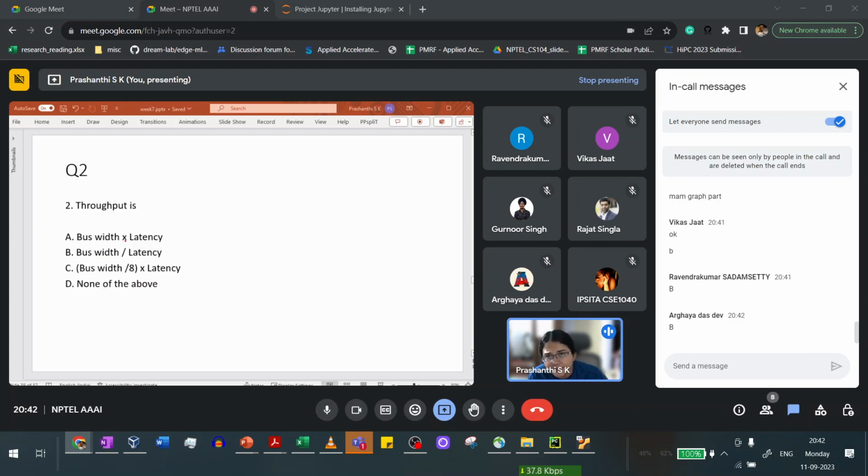Throughput is bus width into latency, divided by latency, bus width divided by 8 into latency, none of the above. We have an answer saying B. Okay, anyone else?